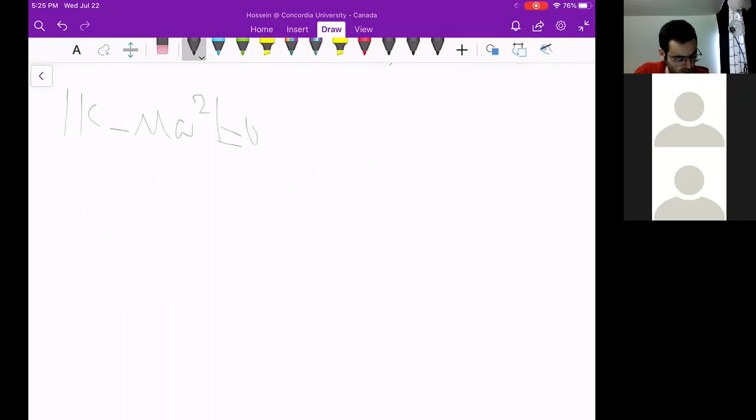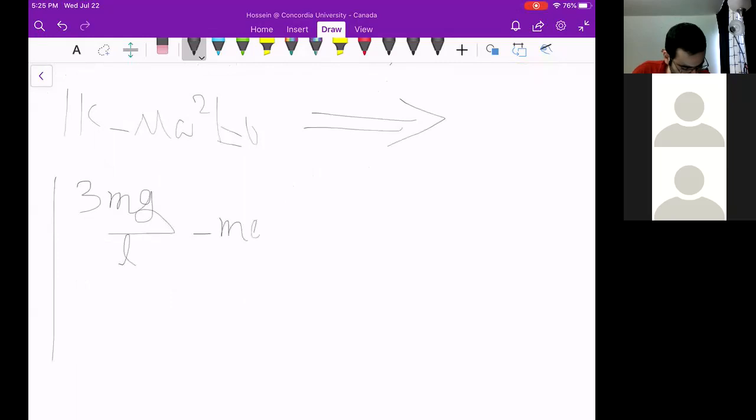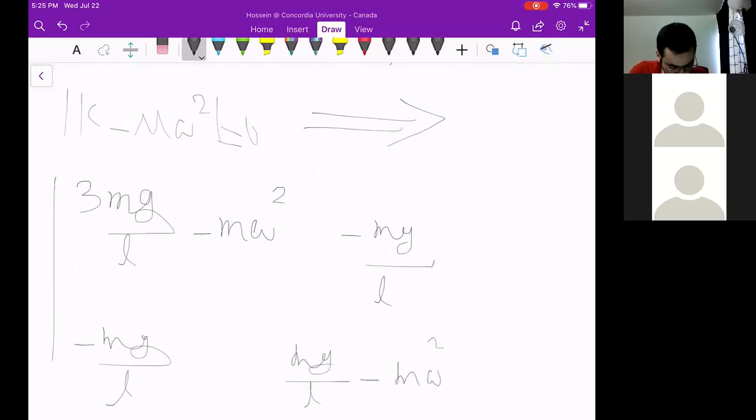So simply you will have 3 mg over L minus m omega squared, minus mg over L, minus mg over L, mg over L minus m omega squared. The determinant should be 0.